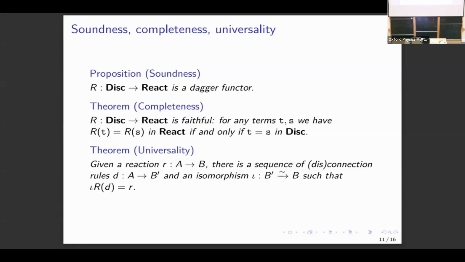So we start from A, end up in some B prime that is isomorphic to B, and moreover composing this translation of the sequence of disconnection rules with the isomorphism gives us back R, the reaction that we started from.